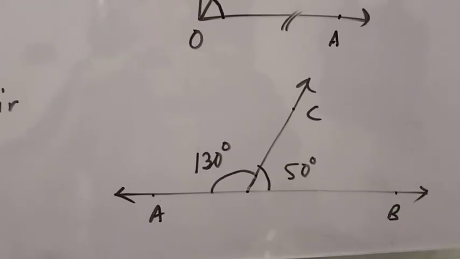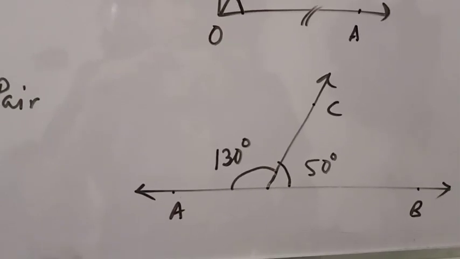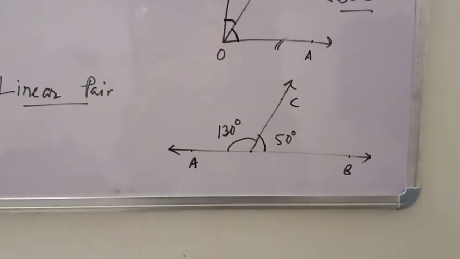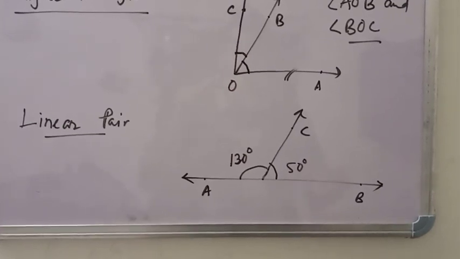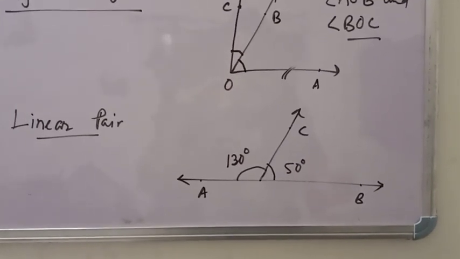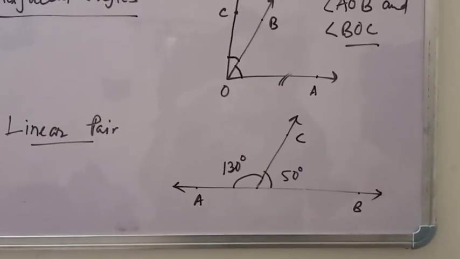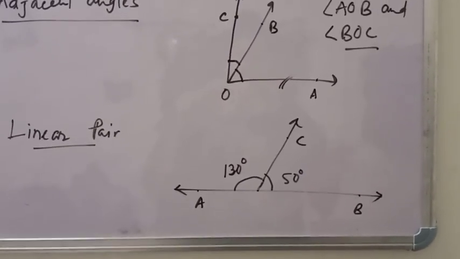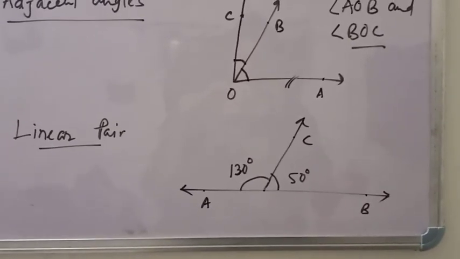So when the addition of two angles is 180 degrees, that is a straight line, then we can say that this is a linear pair. So if one angle is 50 degrees, in a linear pair the other is 130 degrees. Similarly, for another example, if one angle is 100 degrees, in a linear pair the other angle is 80 degrees.